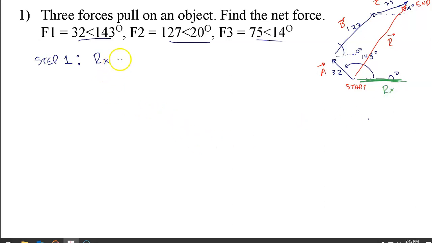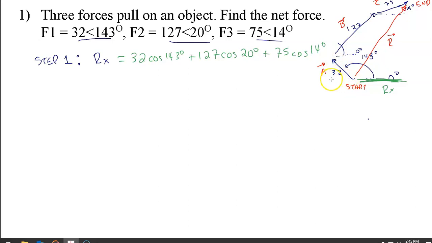You always use cosine for step 1. So I need to go 32 cosine 143 plus 127 cosine 20 plus 75 cosine 14. And what that does is it's going to give me the x component of A.